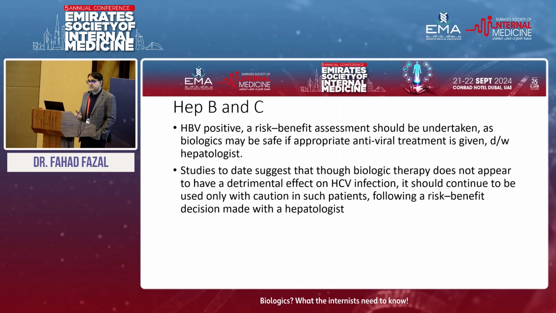And for hepatitis C, there are very good treatments available. So it is always best to know if the patient has a PCR positive hepatitis C infection, and discuss treatment with the hepatologist.